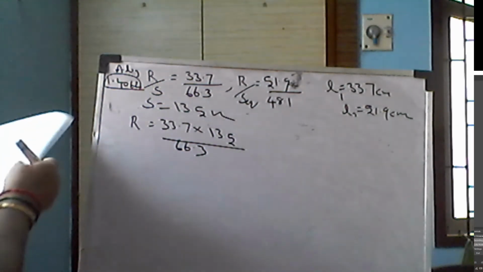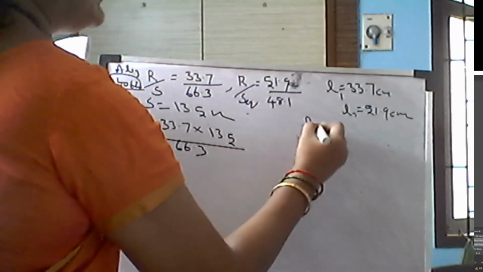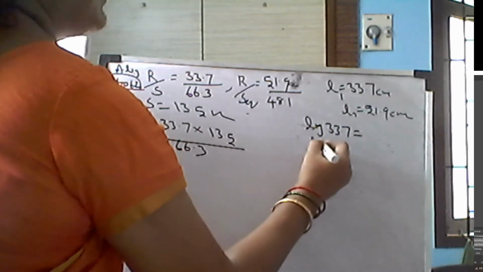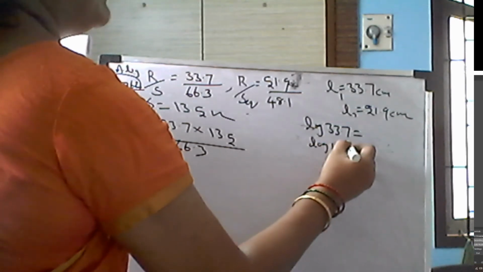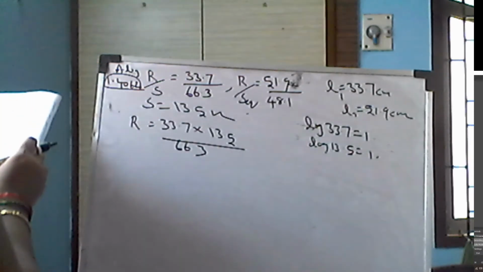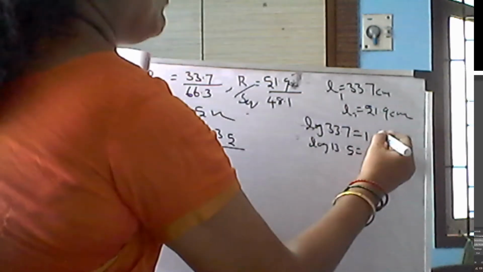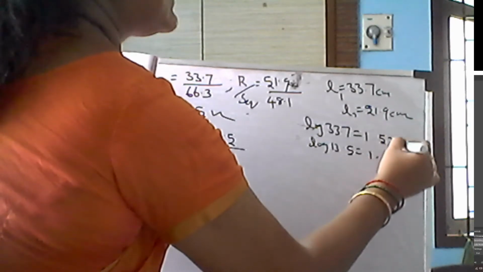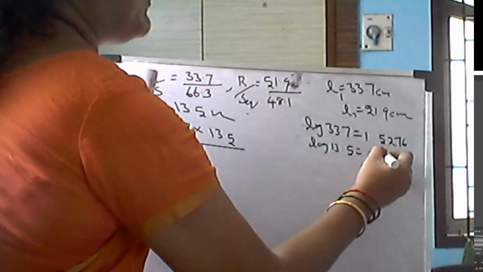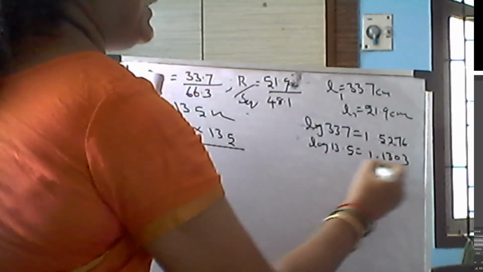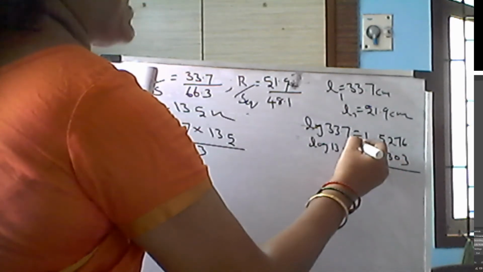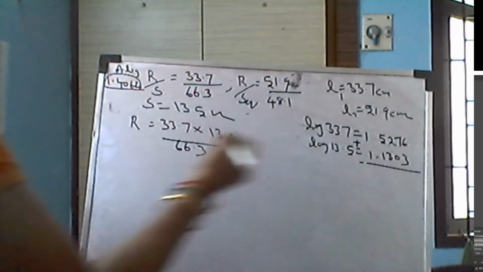That is log 33.7 plus log 13.5. Log 33.7 is 1.5276, and log 13.5 is 1.1303. This you have to add, and then you have to subtract log of 66.3.